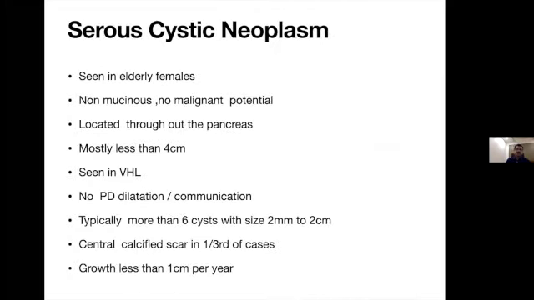The second is the serous cystic neoplasm. The serous cystic neoplasms are mainly seen in females, usually around 60, 70 years, and they are known as the grandmother lesions. They are all non-mucinous without much malignant potential, and they are distributed throughout the pancreas.